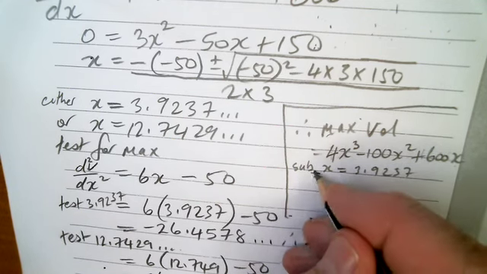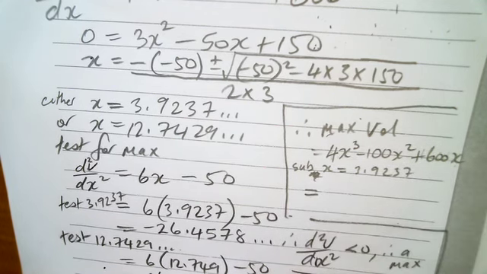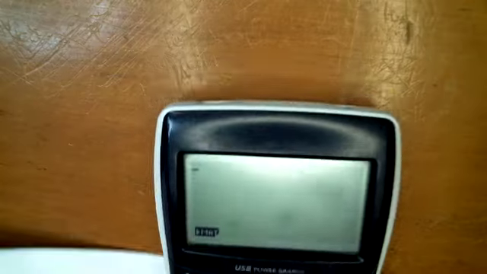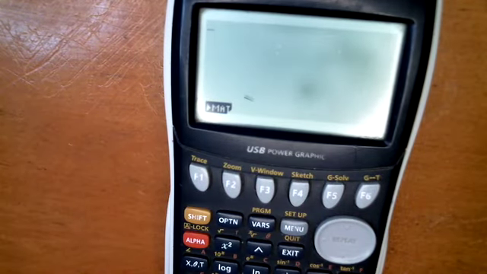I'll put here, sub x is equal to 3.9237. Okay, equals, and I'll just do it all in one go. Here we go. I'll just do it straight into here, and you can see as I do it.